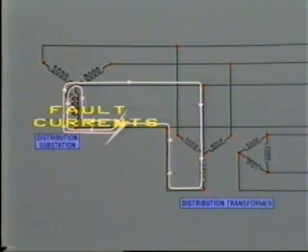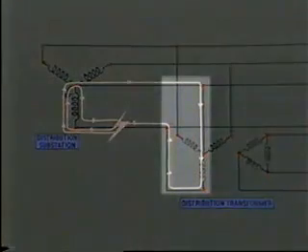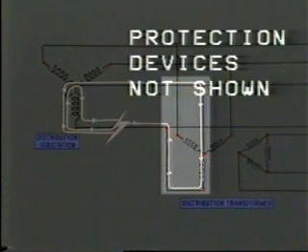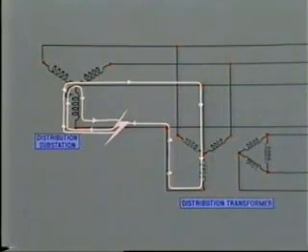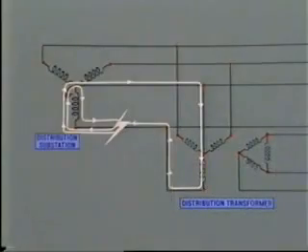Now, the transformer impedance is relatively low, so the value of fault current circulating through the transformer primary could be quite high, and this would consequently cause the transformer primary fuse to blow. If no fuse protection is provided, it could even cause the transformer to burn out.